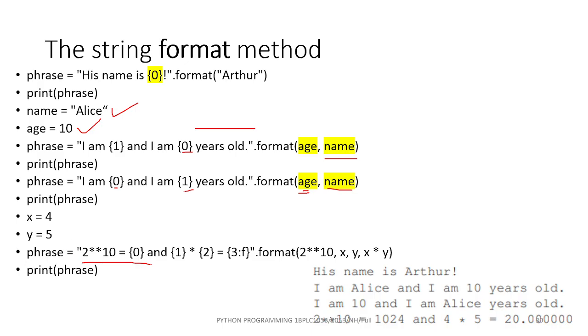We'll take this example: 2 into 10 equals, with the first parameter, the second parameter, like that. The operation is performed on them.